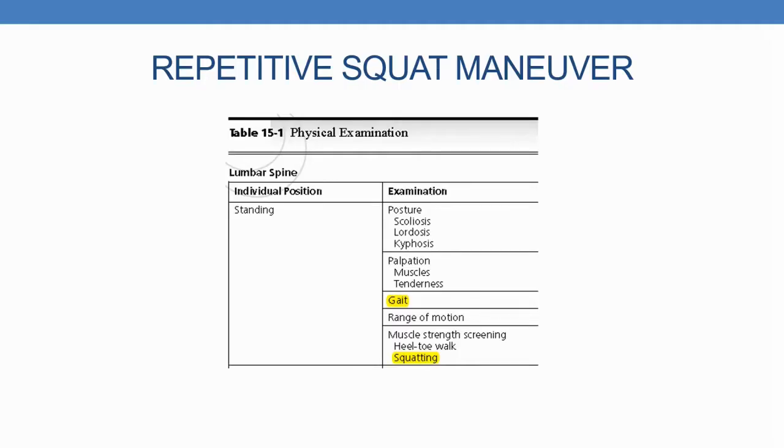The AMA guides also describe the repetitive squat maneuver, and we're going to see the same pattern repeated here as we saw with the heel and toe walk maneuver, and that is the repetitive squat maneuver gives us a functional maneuver that requires good strength and good function of the entire lumbar spine and the entire lower extremities, which should be verifiable and should be consistent throughout the remainder of the physical examination.